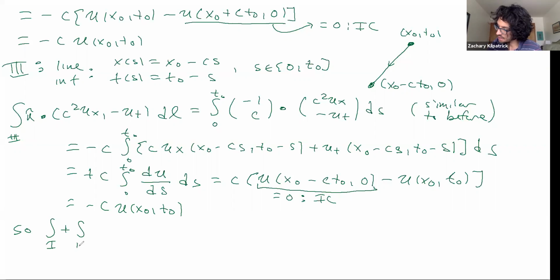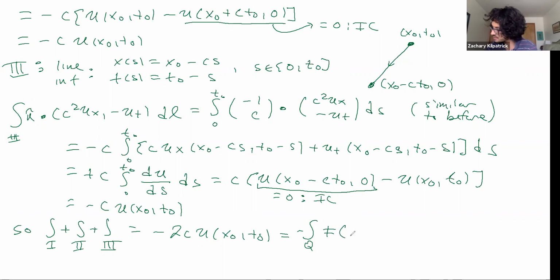So the line integrals now, we have 1 was 0, 2 was minus cu, and 3 is minus cu. So we end up with minus 2c u of x0 t0. Okay. And what do we know? We know this is equal to minus q f of x prime s prime dx prime ds prime.